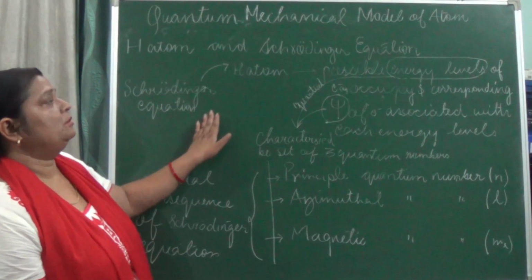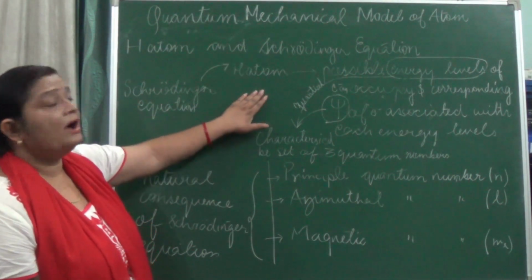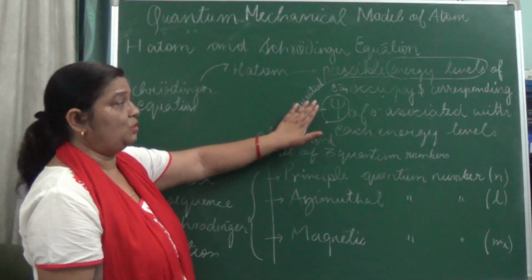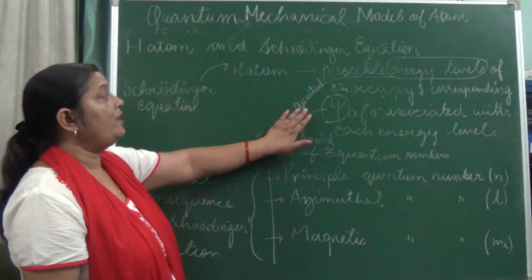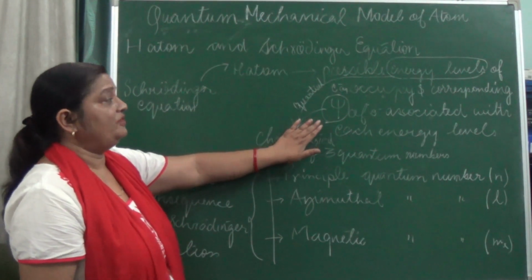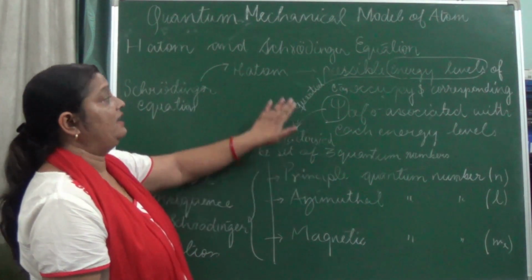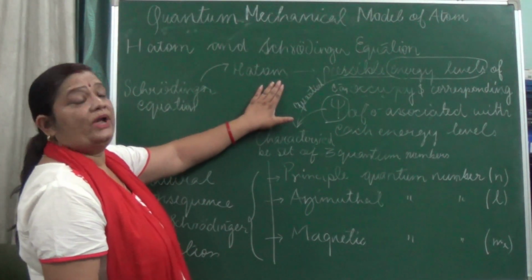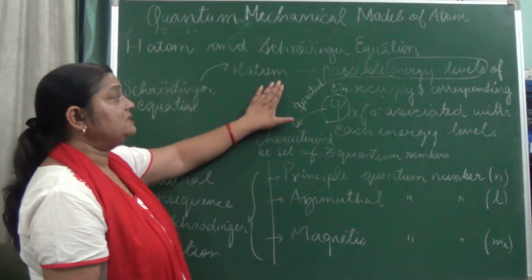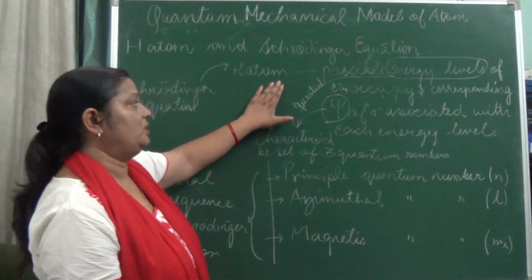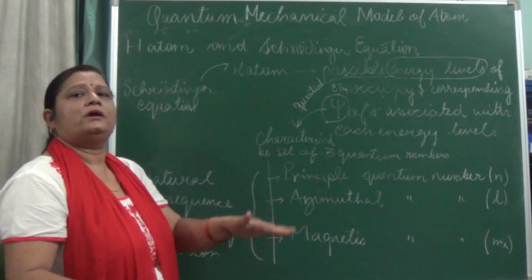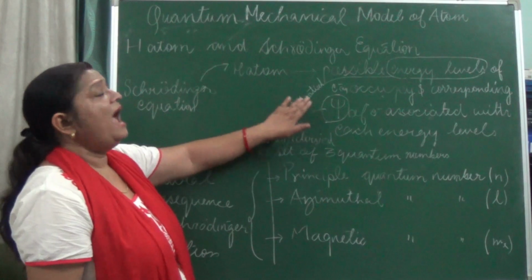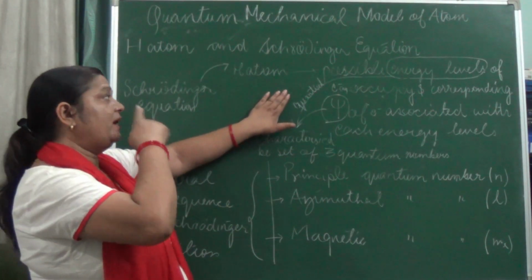He took the hydrogen atom, and he found that there are possible energy levels where electrons can be found, and each corresponds to a psi wave function of the electron, associated with that energy level.